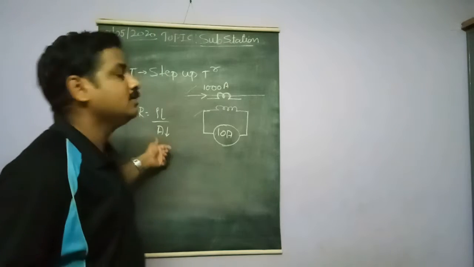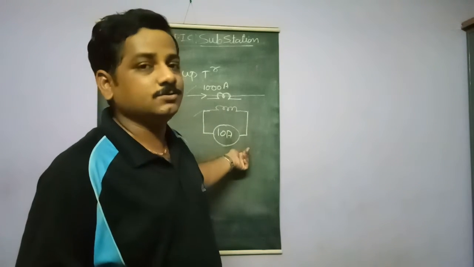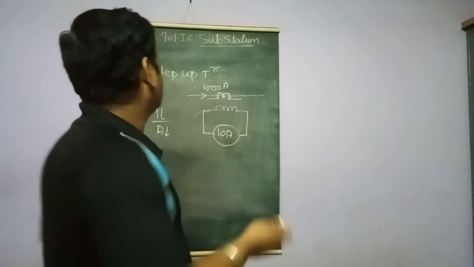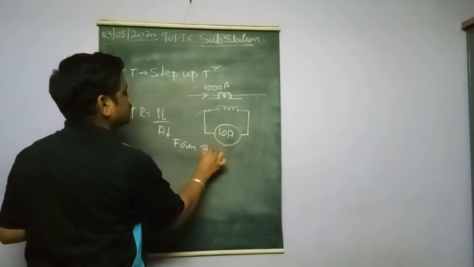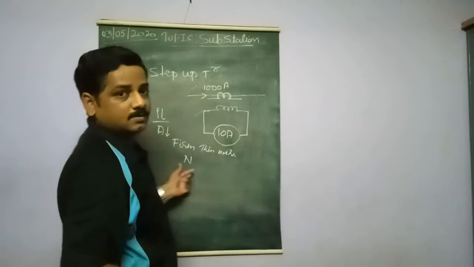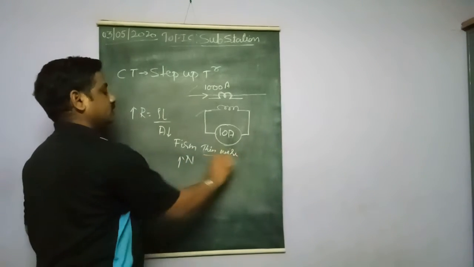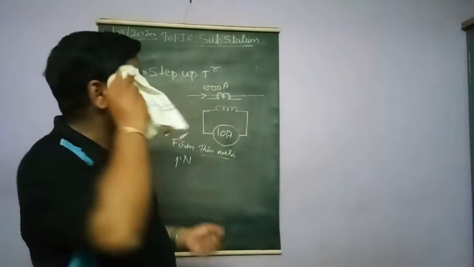If area reduces, resistance increases. If resistance increases, current is going to be reduced. I want less current here. So it is a thin wire made up of more turns, N, at the secondary side, so that the current at the secondary side can be reduced.